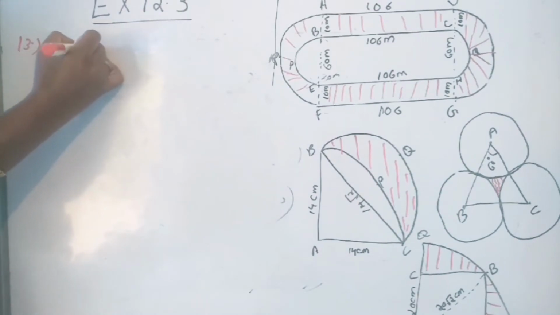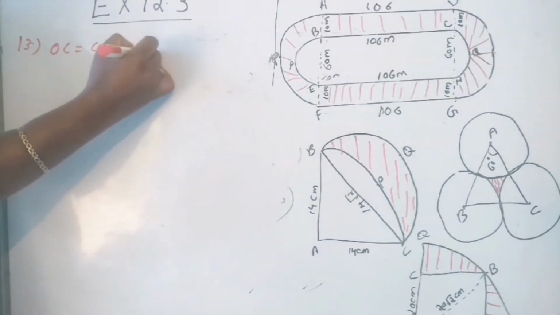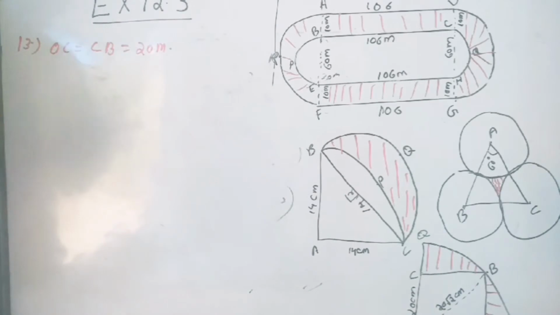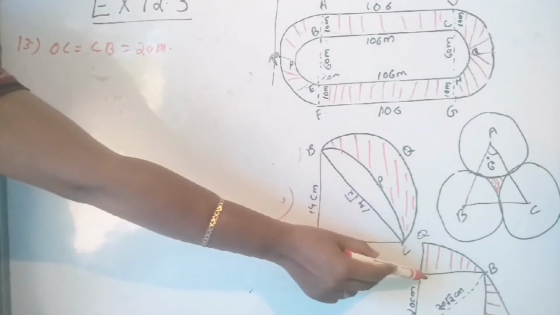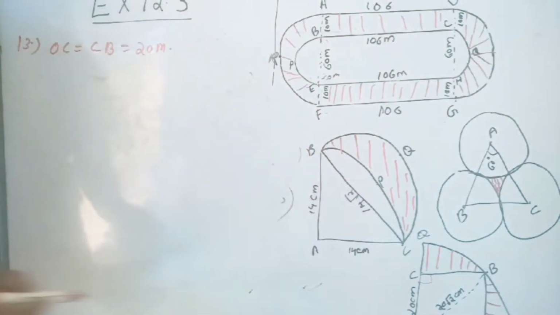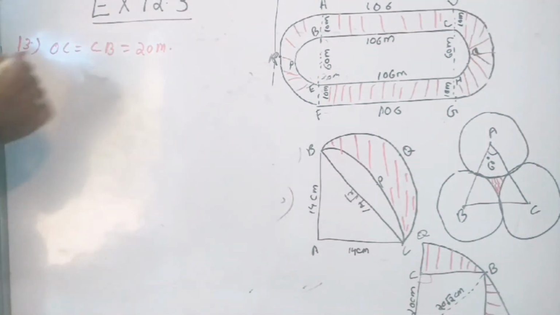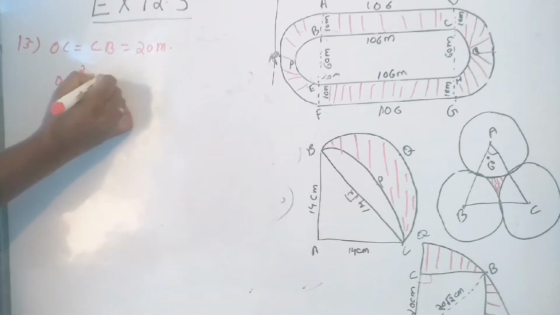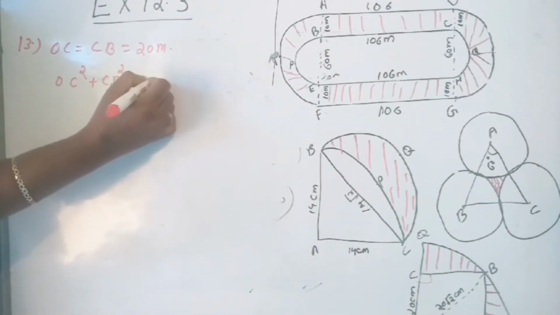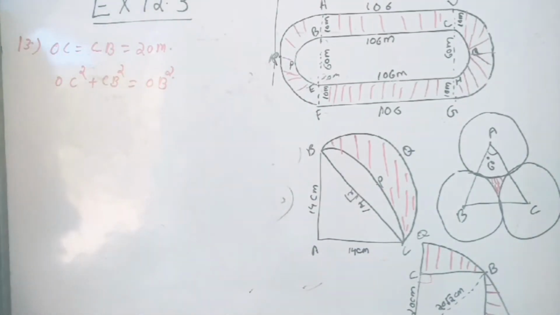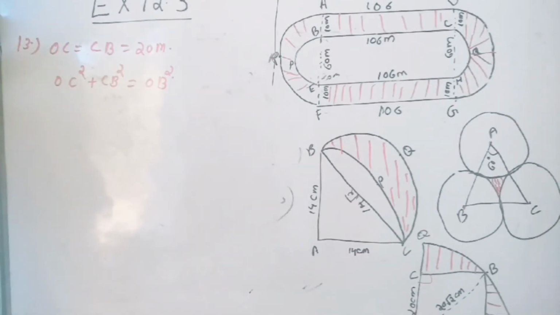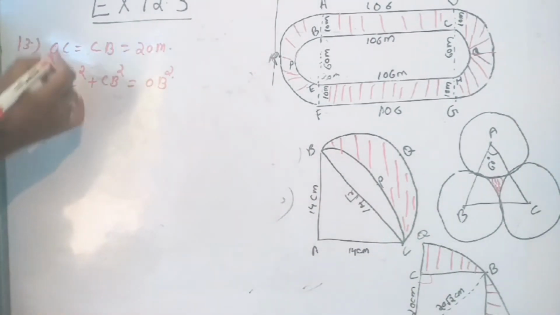So OC is equal to CB is equal to 20 centimeter. And that is a square. Therefore, this angle is 90 degree. So we can apply Pythagoras theorem. By using Pythagoras theorem, we will get OC square plus CB square is equal to OB square.